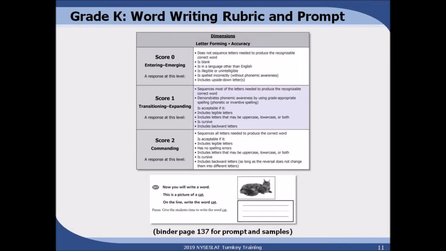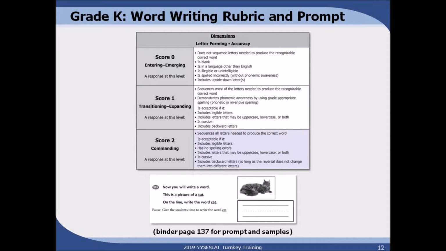A response will get a score of 1 if it sequences most of the letters needed to produce the recognizable correct word and demonstrates phonemic awareness by using grade appropriate spelling, phonetic or inventive spelling. It is acceptable if it includes legible letters, includes letters that may be uppercase, lowercase, or both, is cursive, or includes backward letters.